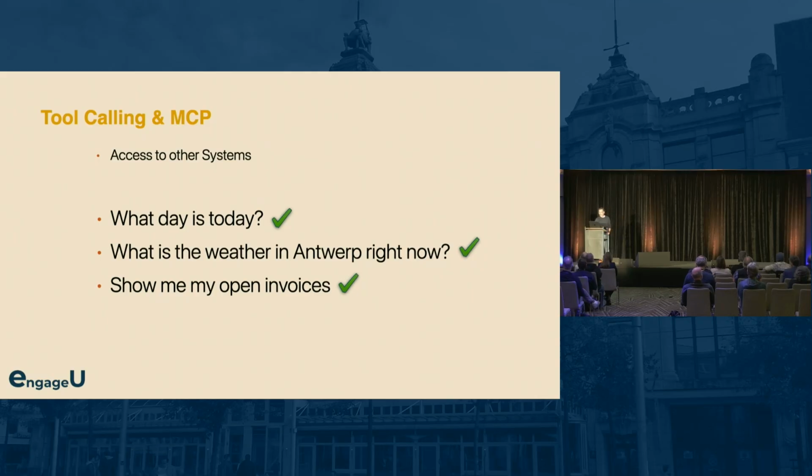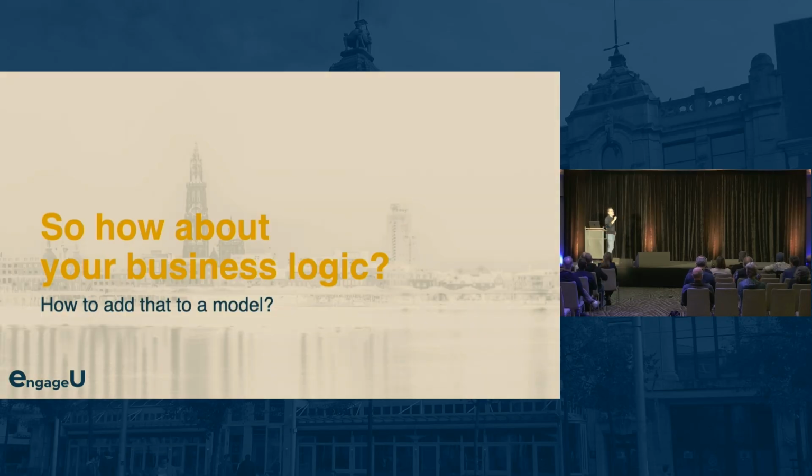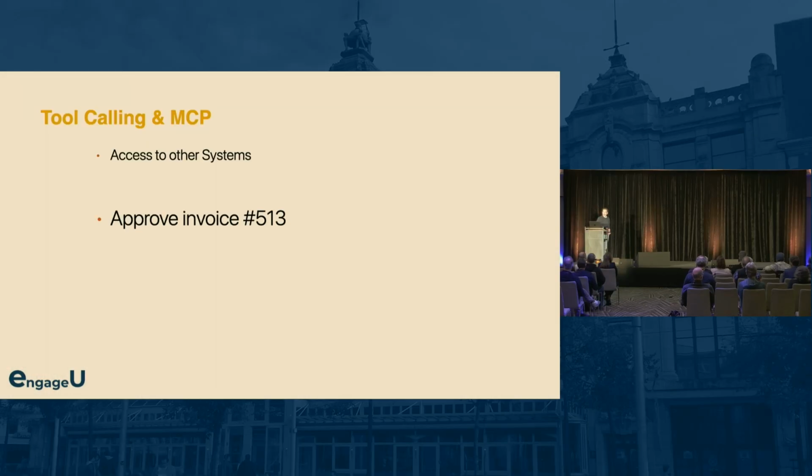And up to this point, we've been talking mainly about data, although I've mentioned a few times the business logic aspect, right? So where the AI application can have access to your business logic that you have already created in your FileMaker solutions, we can do that too, right? So we can have something like this, where I have a tool that, under the right circumstances, I can make my AI application approve an invoice, right?